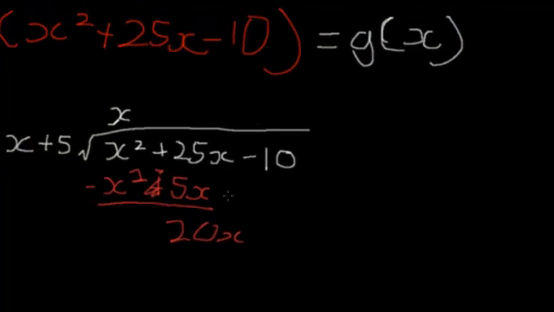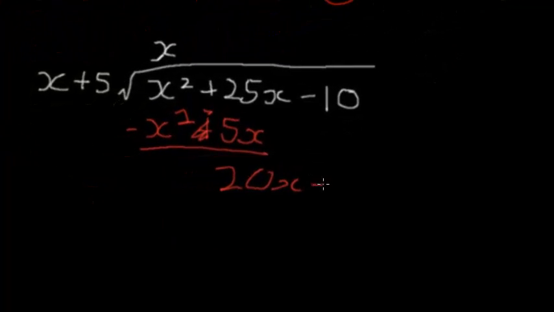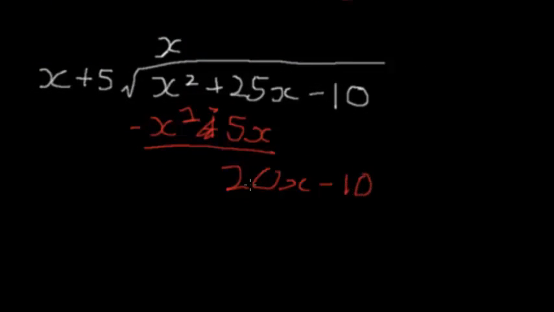Okay, so using 20x, you can pull down that negative 10, and then using that, we have to solve this. So let's turn this back to white.